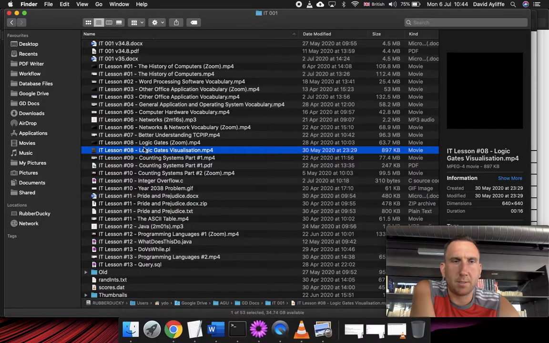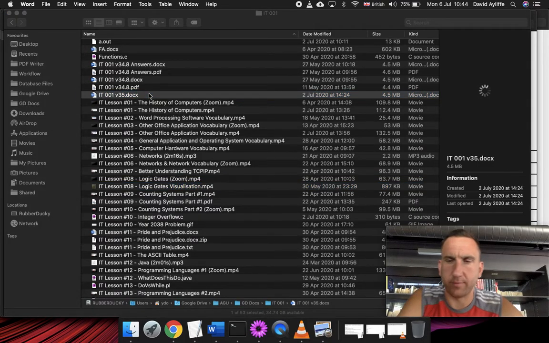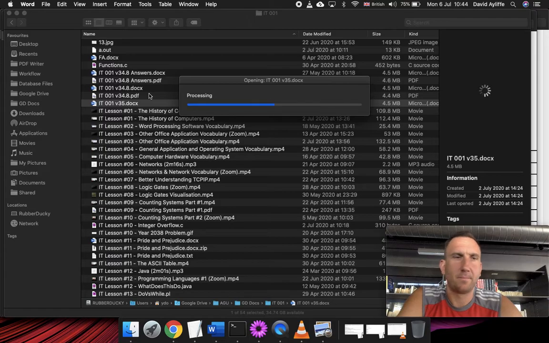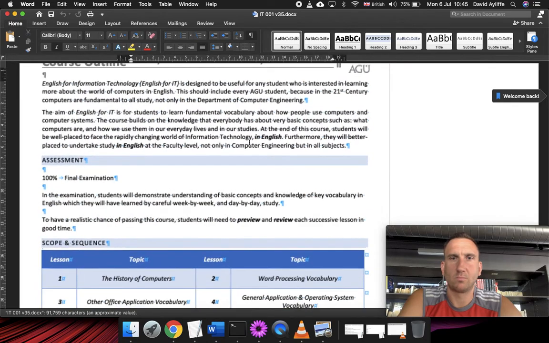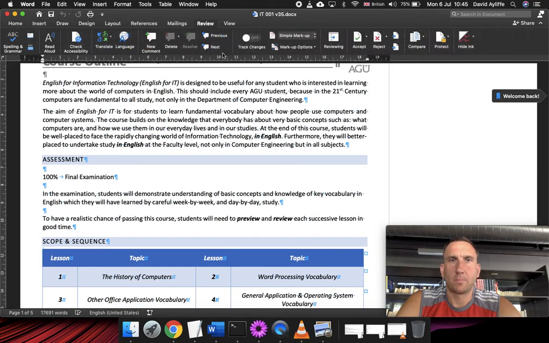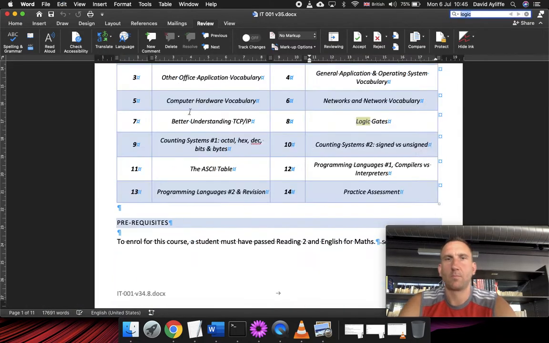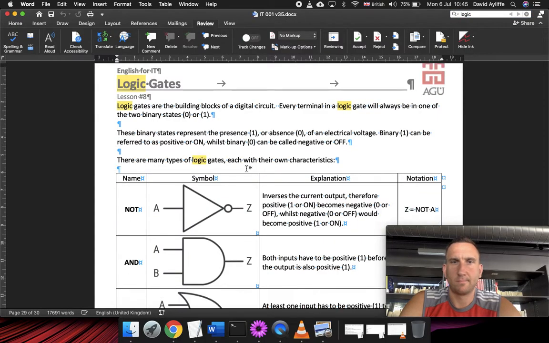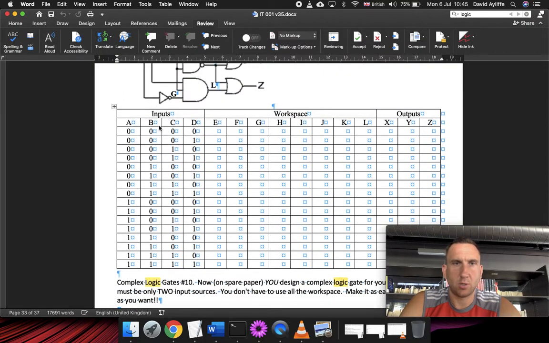Maybe it would be better if I worked with the word version here, because in the word version, I think it's easier to highlight columns.